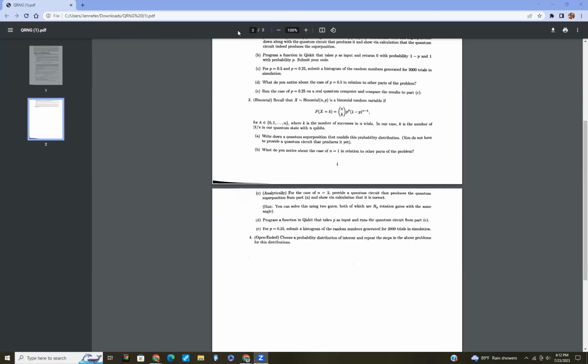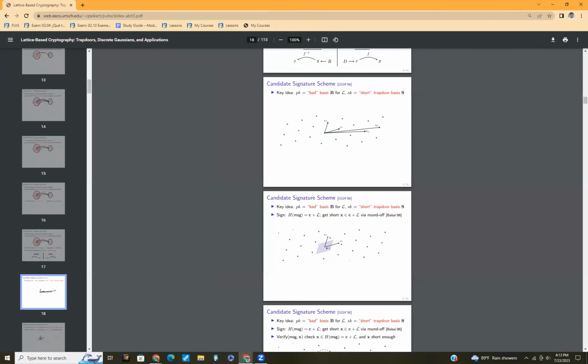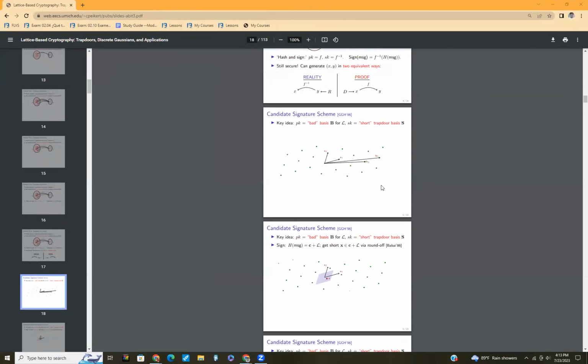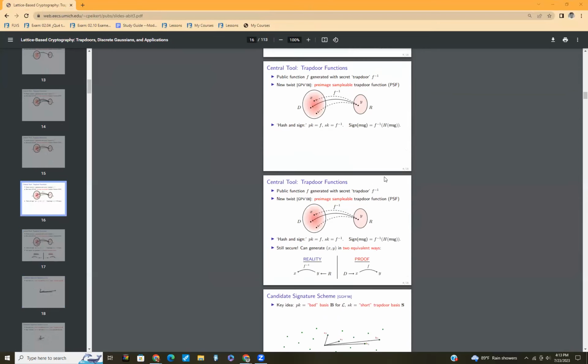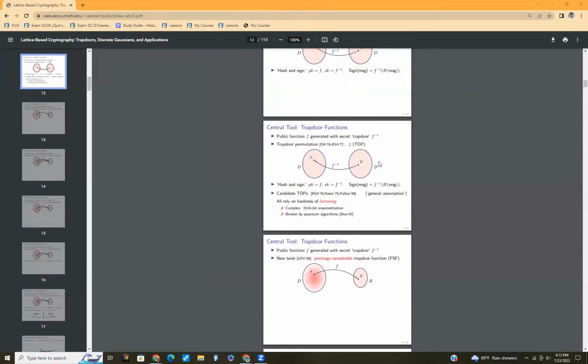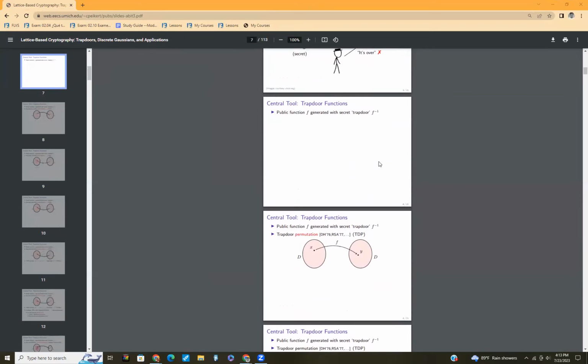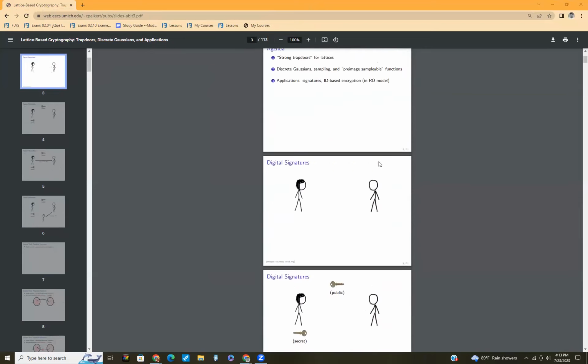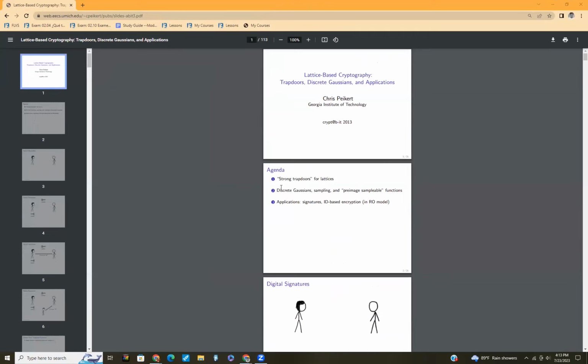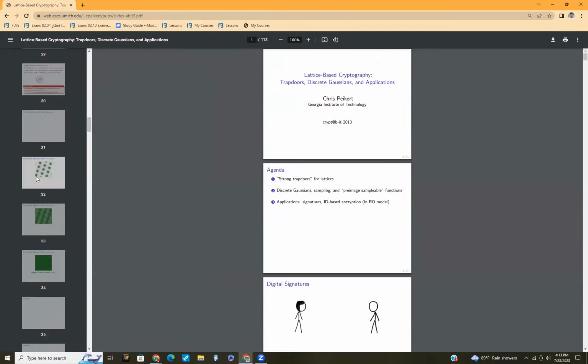And you can put it on your screen share. Yeah, so here's the link I sent you, so you could use it on your own. This is sort of what they've been showing me. They also include trapdoor functions, and it's very general, but they show strong trapdoors for lattices, and then I think they begin speaking about discrete Gaussians.